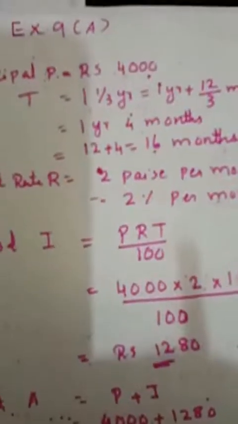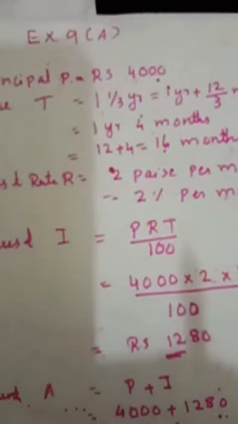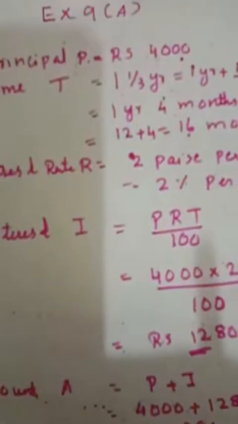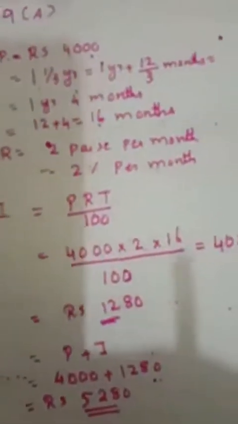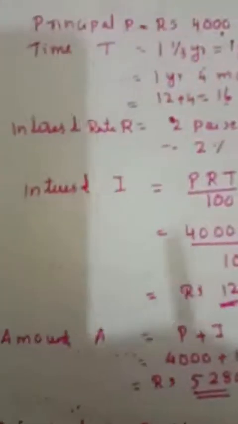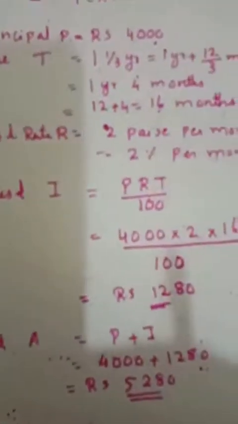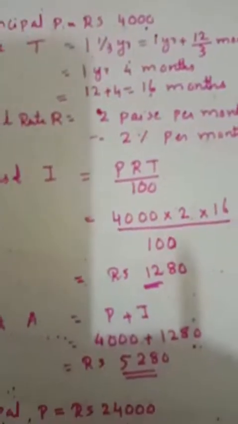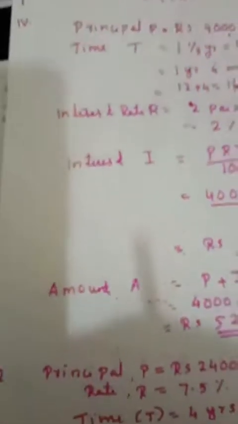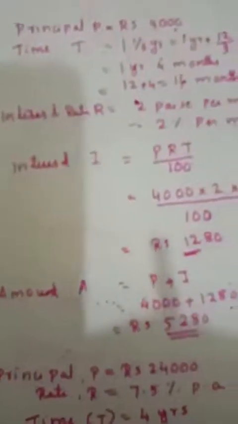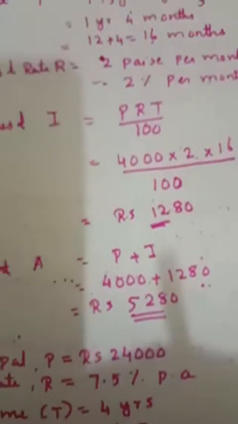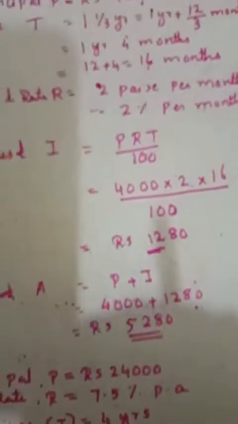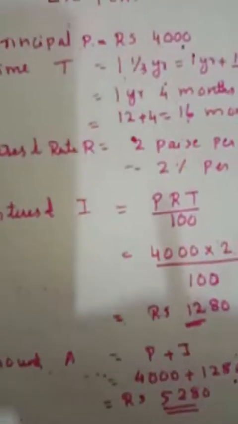Here the interest depends upon month. 2% per month, interest 2 paisa per month means 2% per month. Now interest, the formula PRT by 100. So it is 1,280. Then amount A is equal to P plus I, 4,000 plus 1,280 is 5,280. Okay, clear?